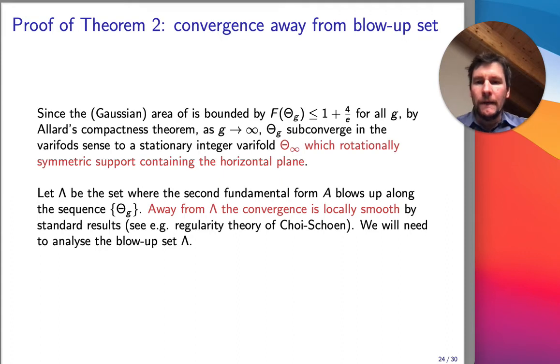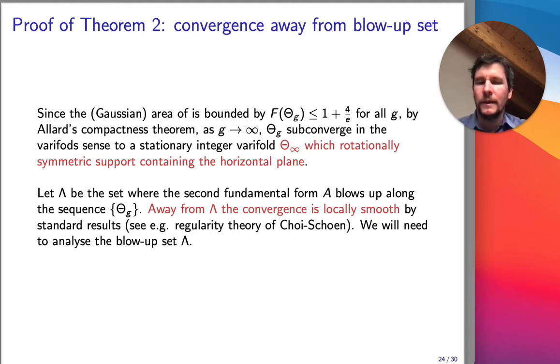Now, what we also know is that we contain these horizontal axes, and we contain more and more of them because there's more and more symmetry if the genus becomes larger. And in the limit, we must actually contain the entire horizontal plane. So whatever we get as a limit is always the plane plus something else.